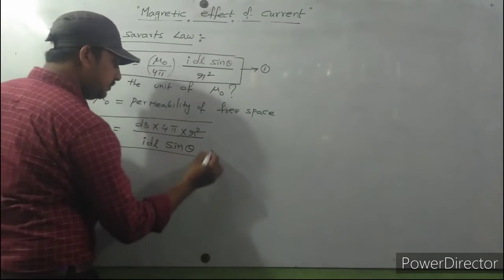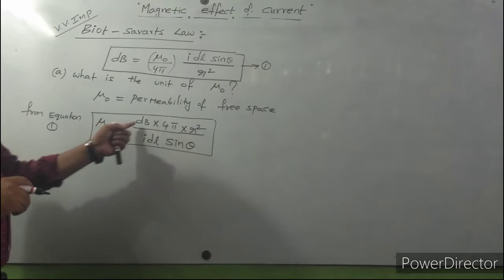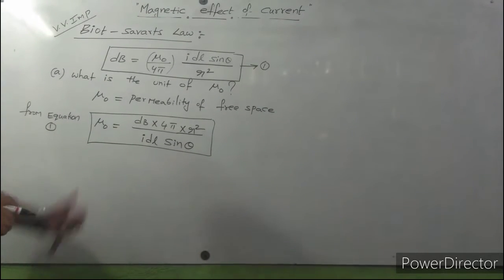Am I right? From equation 1, mu naught is equal to dB into 4 pi into r square by I dl sin theta. How can we write the unit?